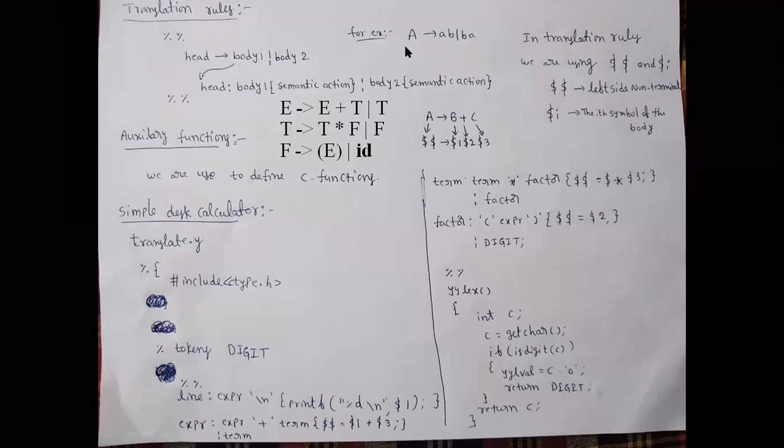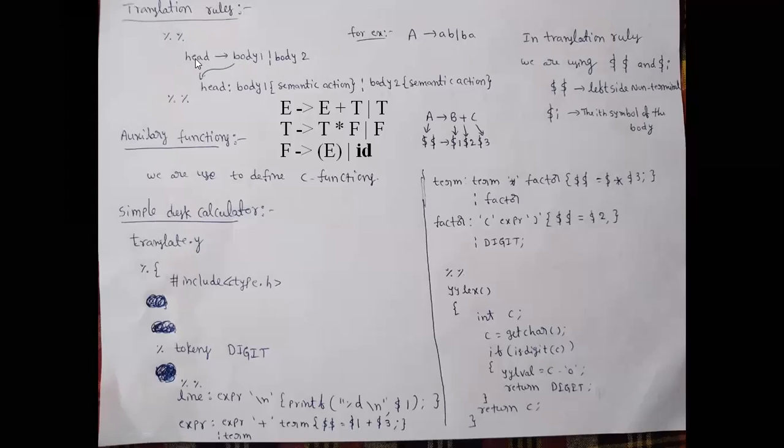Here A is the head of the production, AB is body 1, and BA is body 2. For example, another production is E produces E plus T.